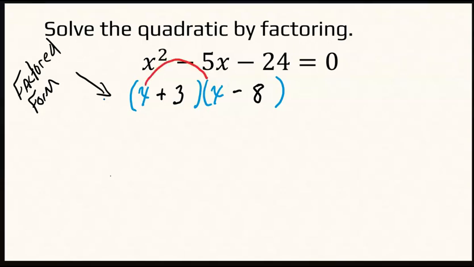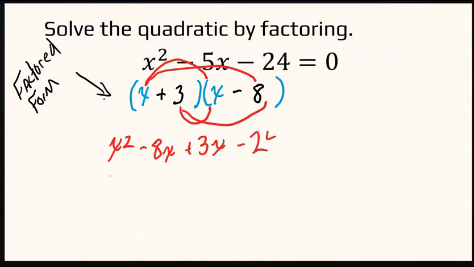So I'm going to do that real quick. x times x is x squared, minus 8x plus 3x minus 24. I'm going to combine my like terms here, and I'm going to get that negative 5 that we were after, because negative 8 plus 3 is negative 5x minus 24.